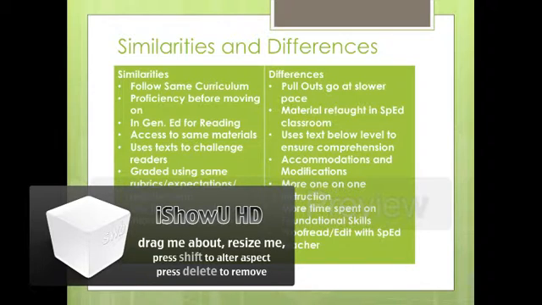There's also more time spent on foundational skills such as comprehension and fluency. Those are big ones that special ed teachers spend a lot of time on with their students. Special ed teachers also proofread and edit a lot of material with their students, which is something some teachers do in the general ed classroom, but a lot of it is peer proofreading.